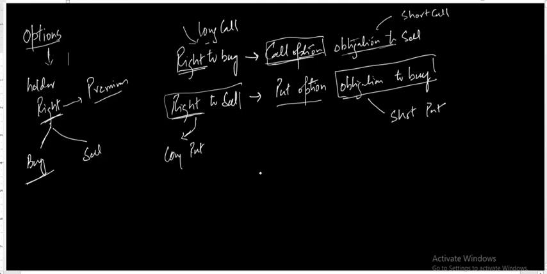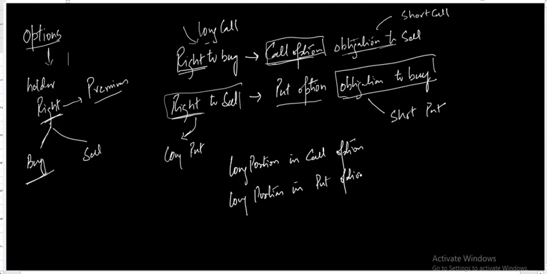So overall we have four types of option positions. One is a long position in call option. We have a long position in put option. We have a short position in call option, and we have a short position in put option.